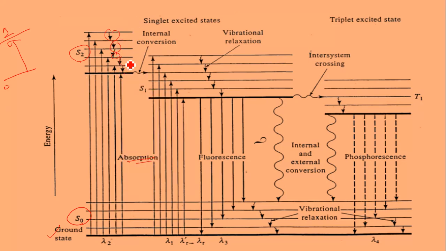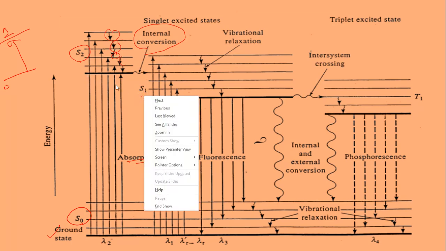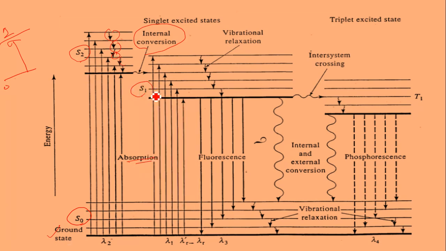Now if you are following this, it goes under internal conversion. Internal conversion means higher excited state to the lower excited state. Now S1 can be the lower excited state. Remember the words: this is the ground state, this is the excited state, and this is the higher excited state.